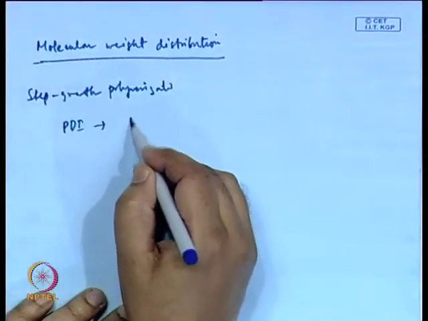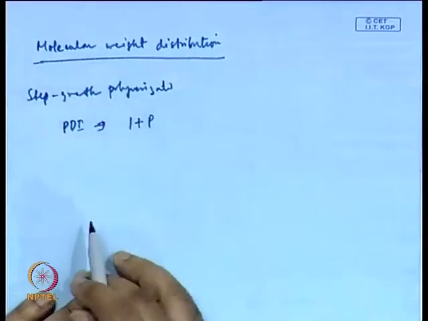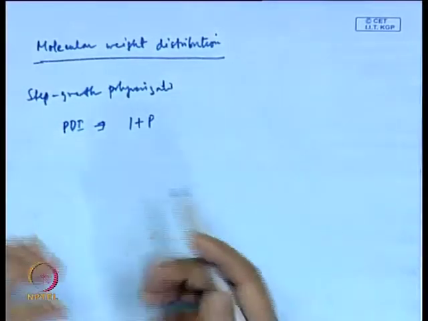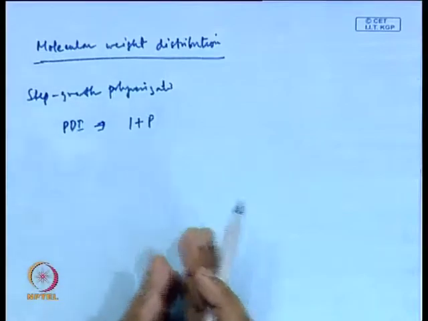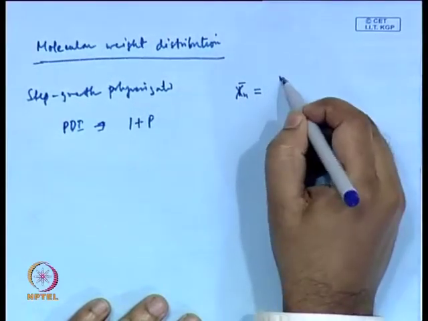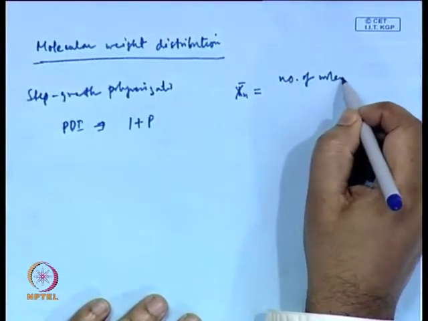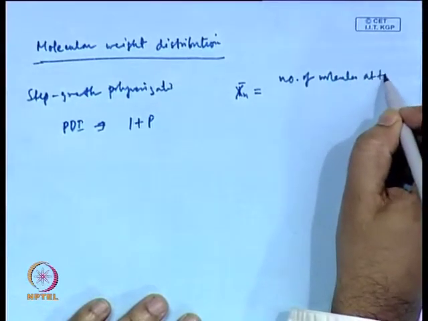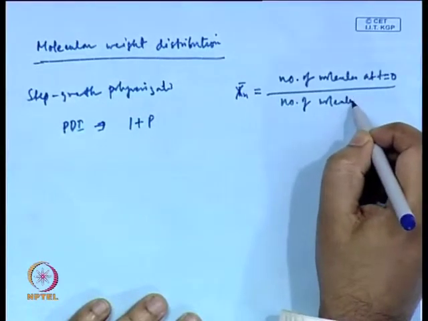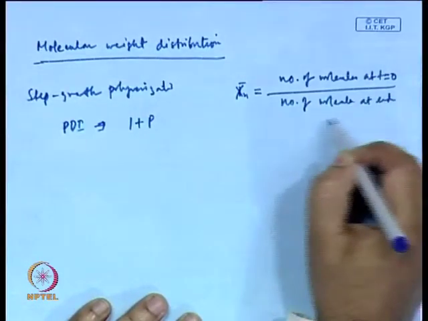So that entire mixture is your polymer sample. So the PDI you got is 1 plus P, which is for the entire polymer, which includes small molecules as well as the large molecules. So how did we get that? Xn bar, remember, was the number of molecules at t equal to 0 divided by the number of molecules at the end of the polymerization.